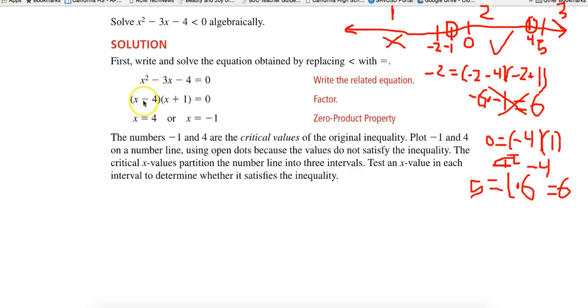So again, 5 minus 4 is 1. 5 plus 1 is 6. So we get +6. If we plug that in here, 6 is less than 0. That does not work. So that is not part of our solution set. So the only region we get here that is part of our solution set is between -1 and 4.